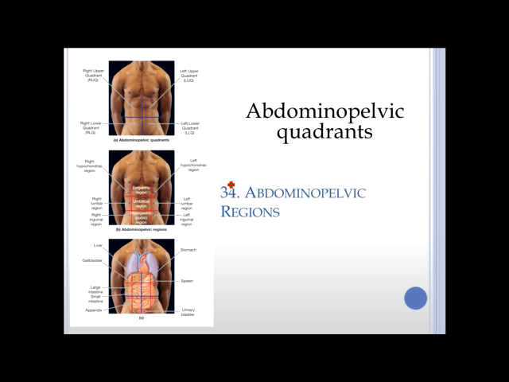Abdominal pelvic quadrants. We normally use the top list here, which are 4 quadrants: left upper, right upper, left lower, right lower. However, there are 9.